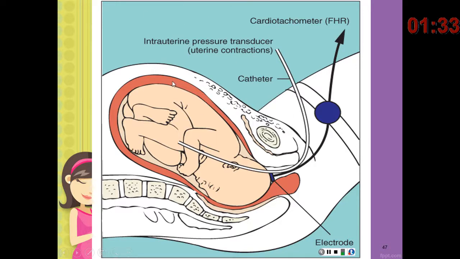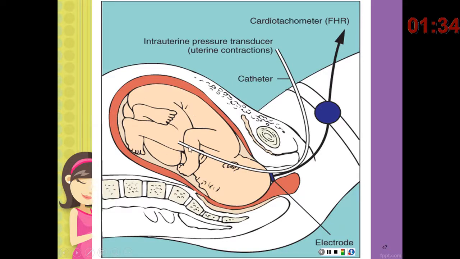So if there's some bad cord compression, if the umbilical cord is stuck because the water's broken and there's not enough fluid in there and it's smushed somewhere, if we put fluid in, it might loosen things up and relieve that cord compression. Or if the baby has had a stool in its bag of waters and we have thick meconium, we can flush this out.